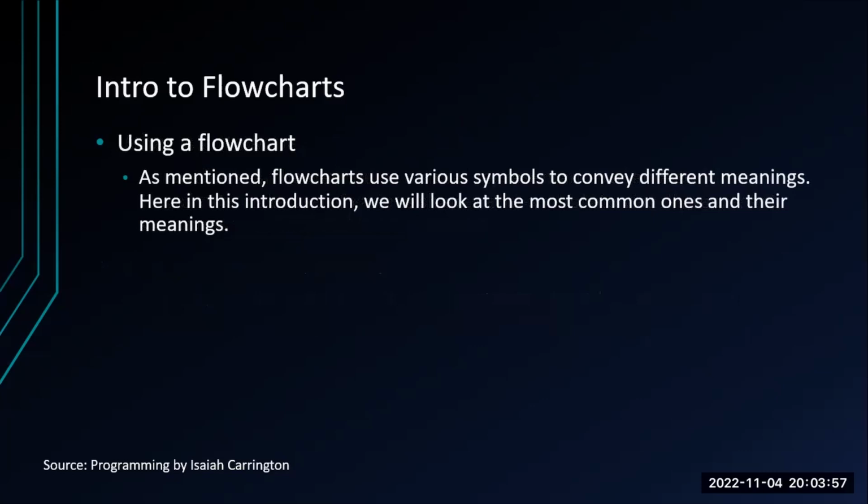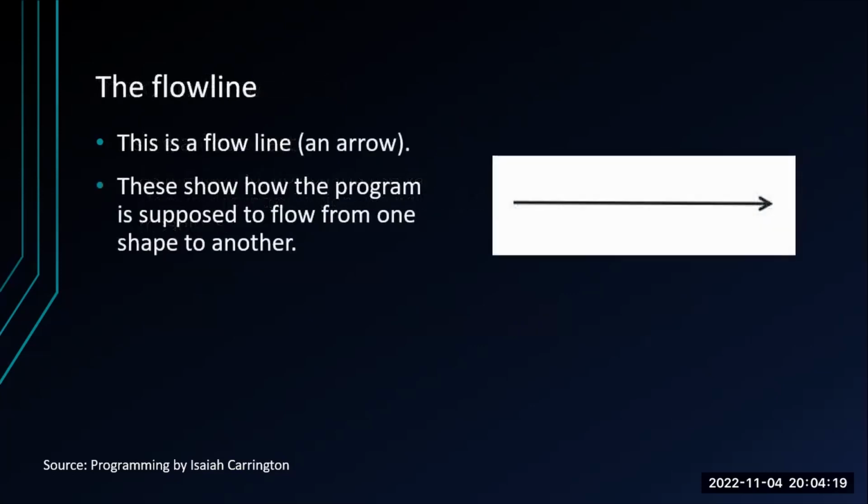So flowcharts use these various symbols, which convey different meanings, to show how the program would run logically. So then we'll look at the more common symbols and their meanings. Starting off, we have the flow line, which is represented as an arrow.